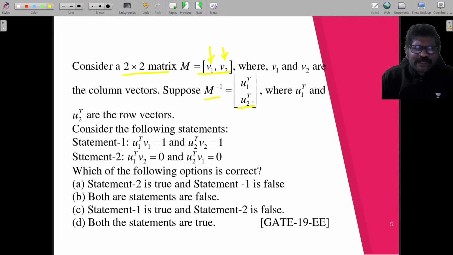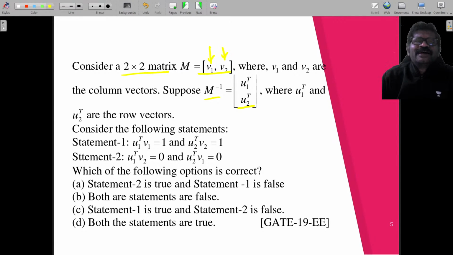Then consider the following statements. U1 transpose dot V1 equal to 0, U2 transpose dot V2 equal to 1. U1 transpose dot V2 equal to 0, U2 transpose dot V1 equal to 0.